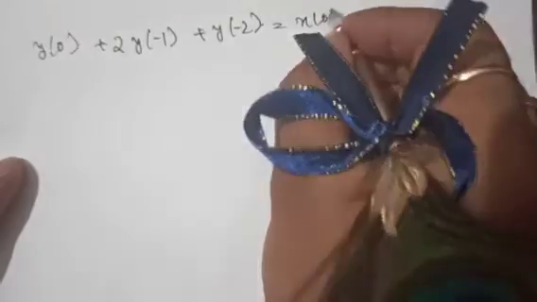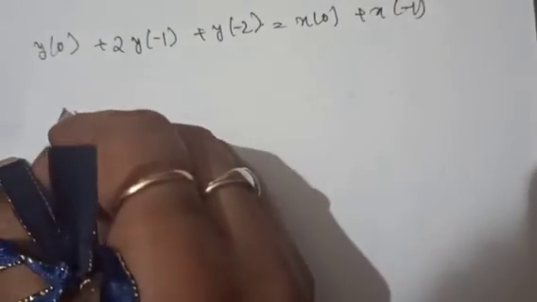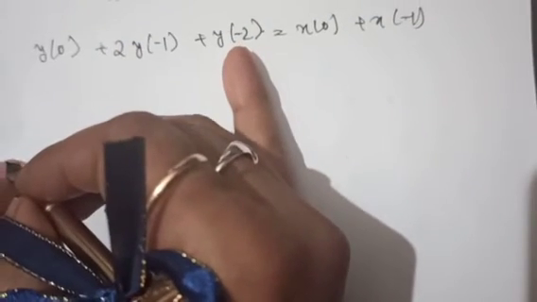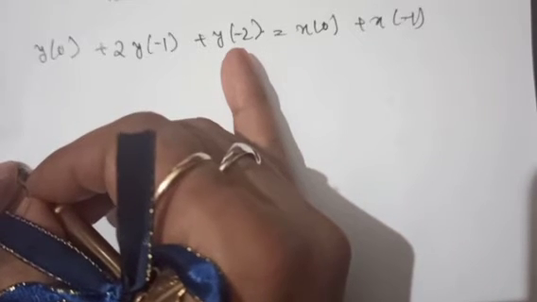In the given difference equation, if we put n = 0, it will be y(0) + 2y(-1) + y(-2) = x(0) + x(-1). Here y(-1) and y(-2) are 0, because we are calculating the forced response, and for the forced response there is no initial condition.